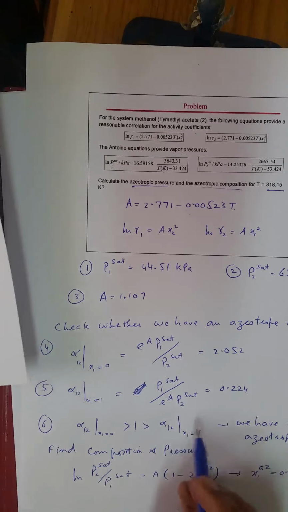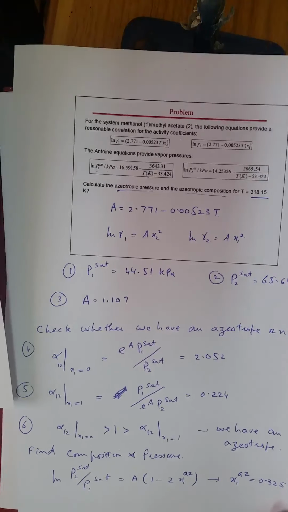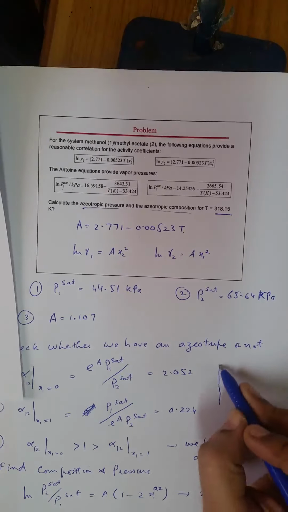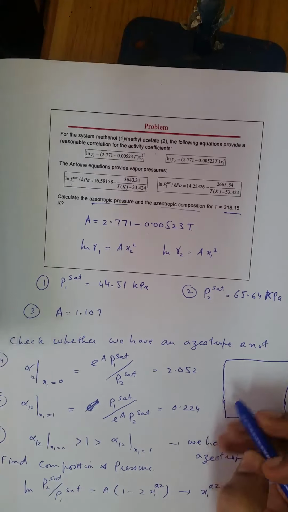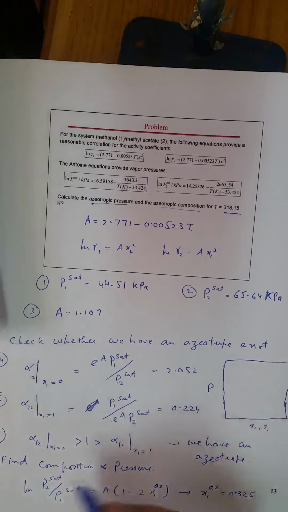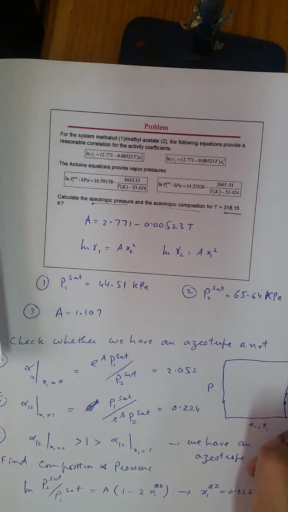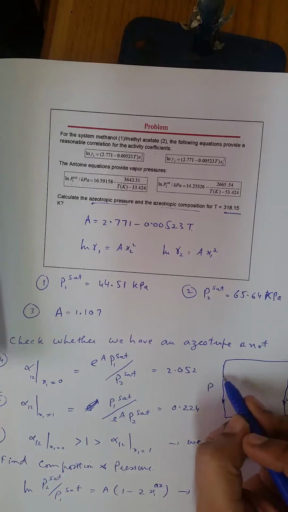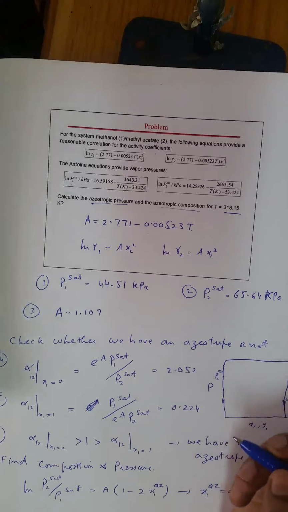So A is positive. The diagram will look like this, I can draw it on this paper. Here is pressure, here is x1 and y1. Your P1 sat is 44, and this is P2 sat.